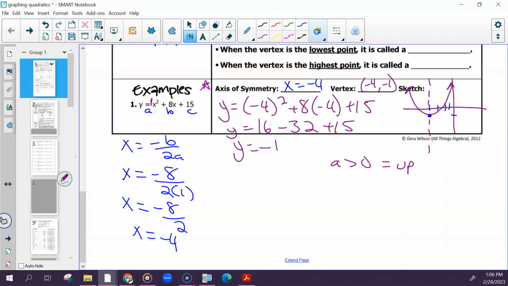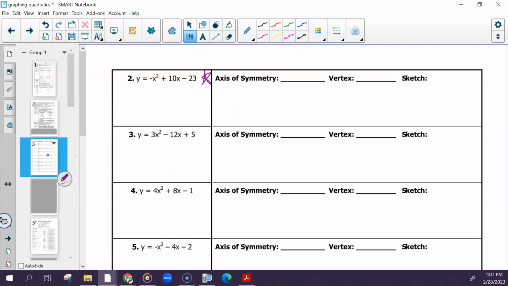Okay. So, like I said earlier, I'm going to show you how to do it algebraically, and then I'm going to show you how to do it in the calculator. Alright, on the next page, number 2. We're going to do the same thing. So, label your A, B, and C so you know which ones they are.